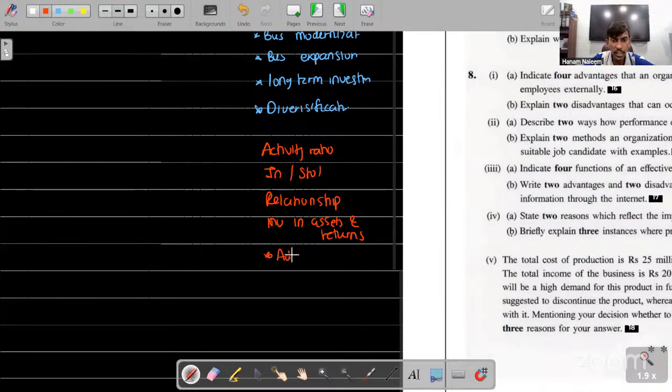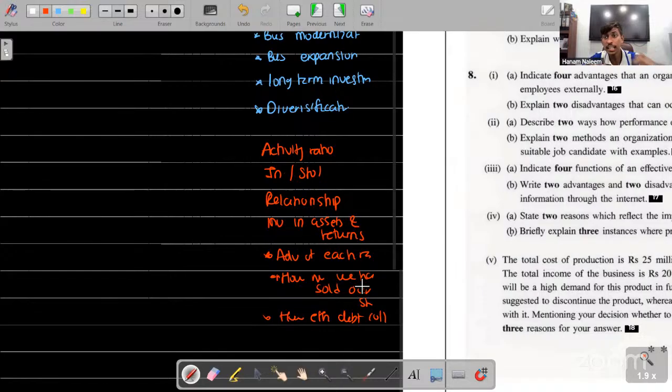You can also take the advantages of each ratio. For example, take inventory turnover. Through that, you can understand how many times we have sold our inventory, our stocks. And through debtors turnover, you can understand how efficient our debt collection is.